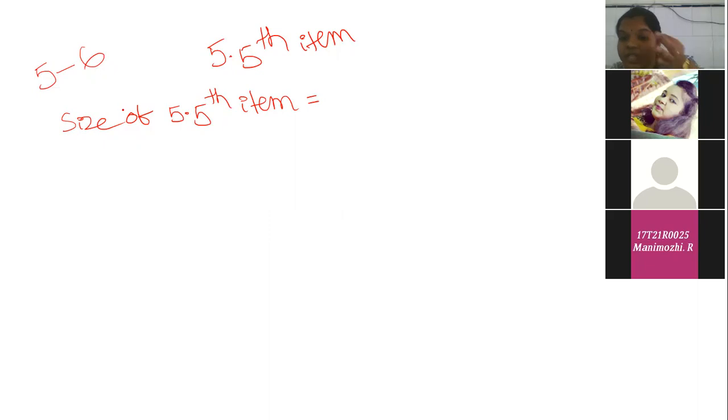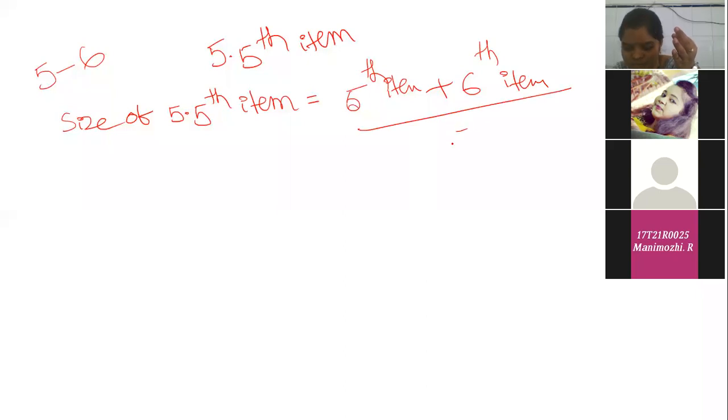So we need to take the 5th item plus the 6th item, divided by 2. What is the number present in the 5th item? 6.6 plus 7.0 by 2.